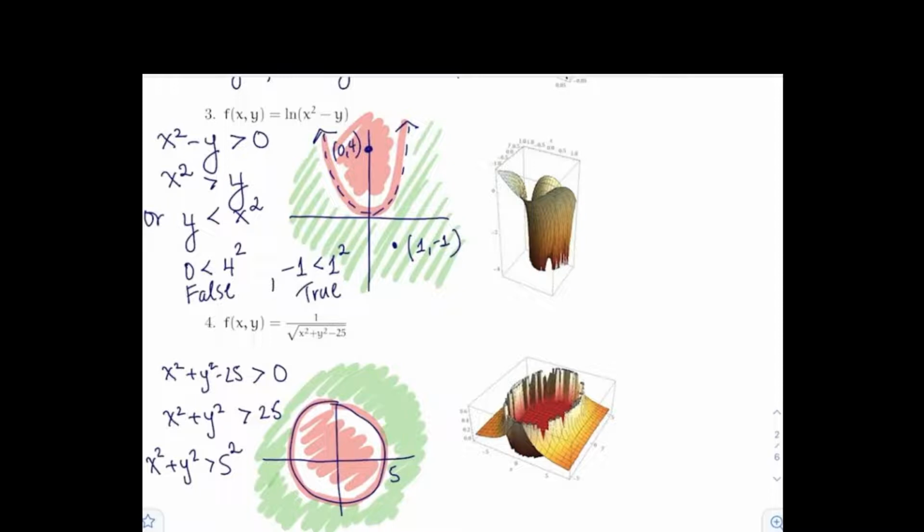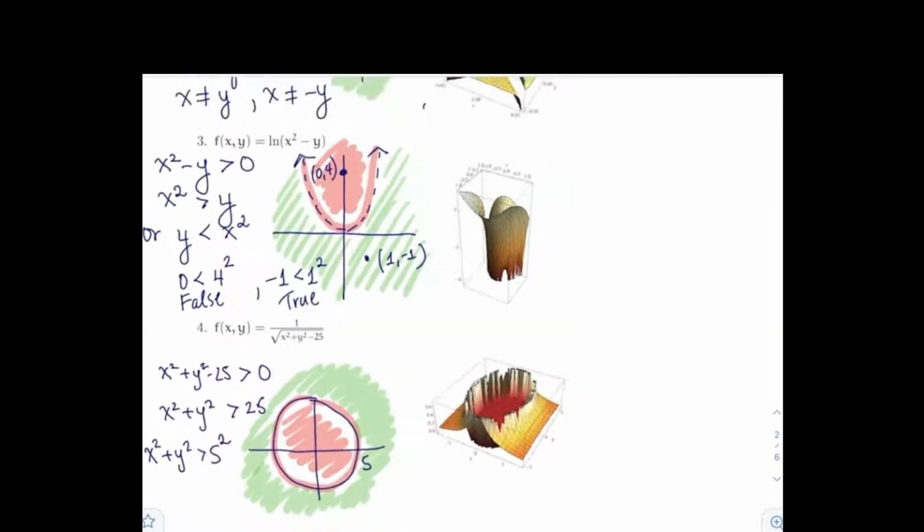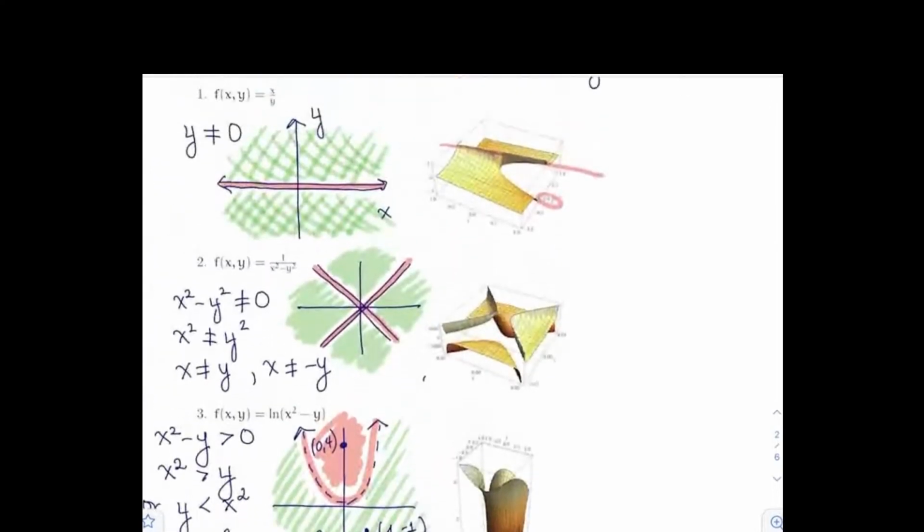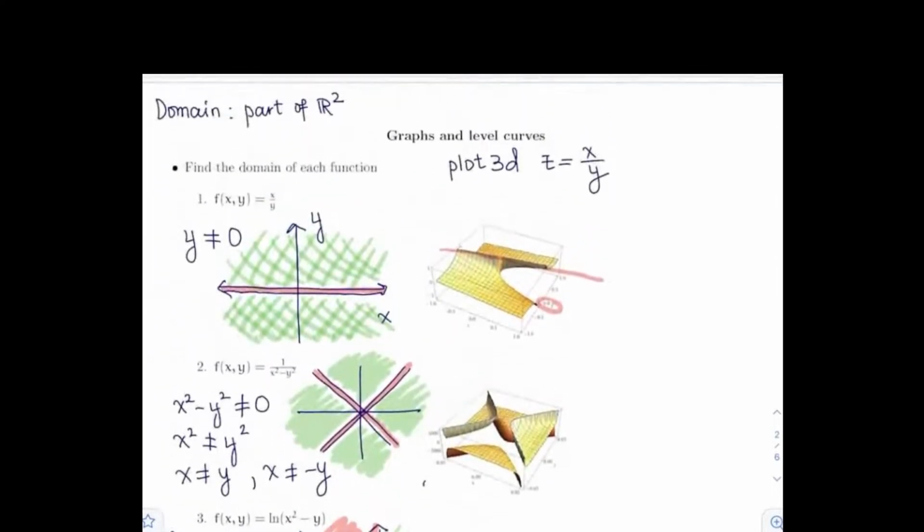All right, so now you can see the analog of computing the domain, determining domains and graphing them. It's just a little bit more involved because now our original domain is the entire R2, and what we can exclude from R2 really depends on the function you're dealing with. So that's your domains of functions of two variables.